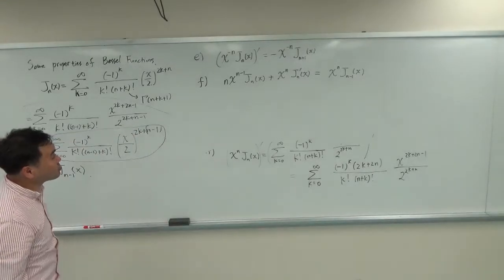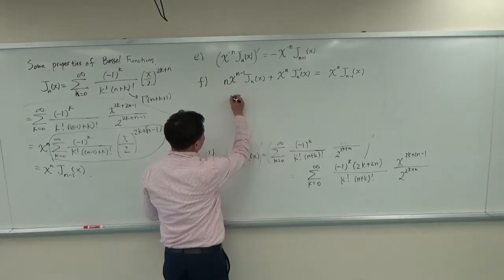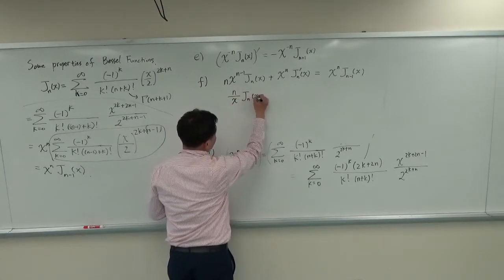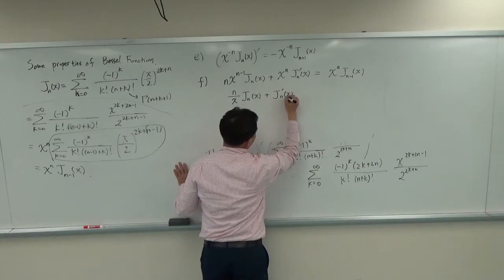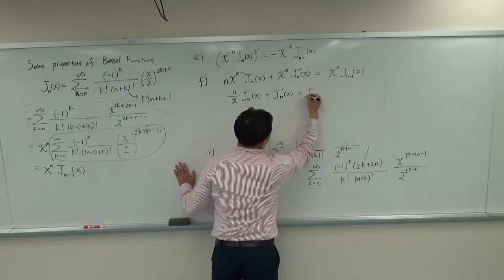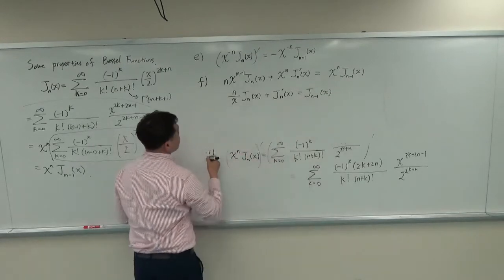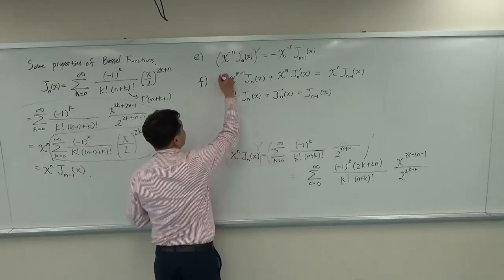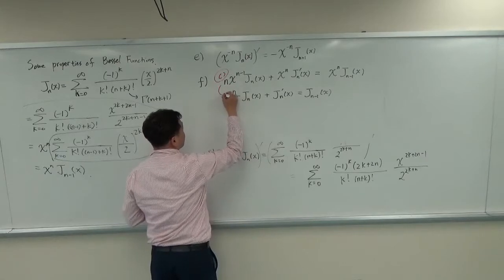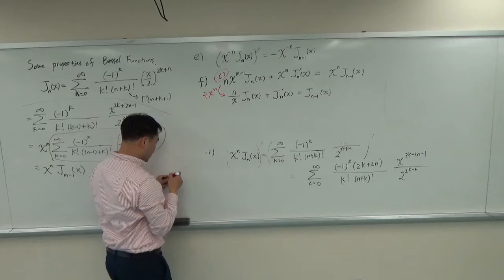And what we can do further is divide everything by x to the n, so that you have n over x J n x plus J n prime of x equals J n minus 1 x. So this is from C, and you can divide by x to the n to get that.